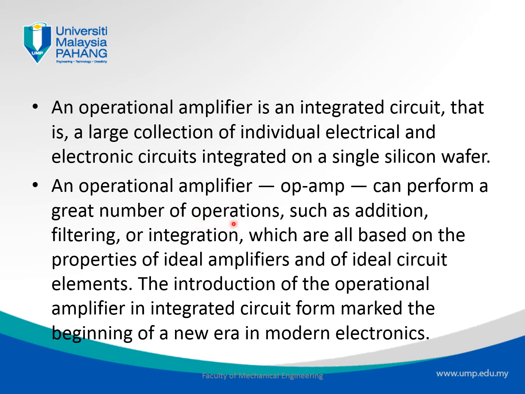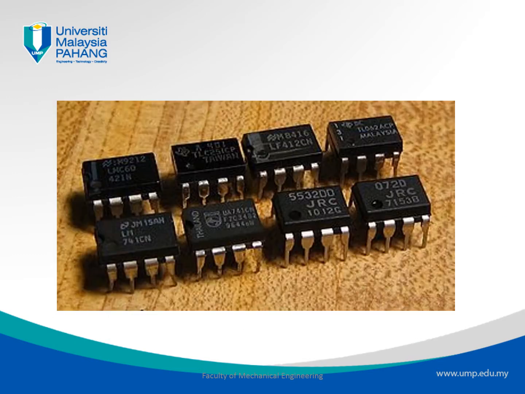Next, in this slide we're looking at the component of the operational amplifier, where we have 8 terminals. They are numbered from 1 to 8, and the direction of the numbering can be referred to the position of these little marks that are usually placed on the operational amplifiers.